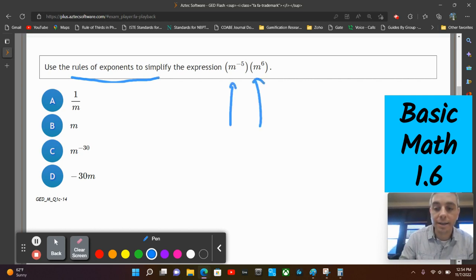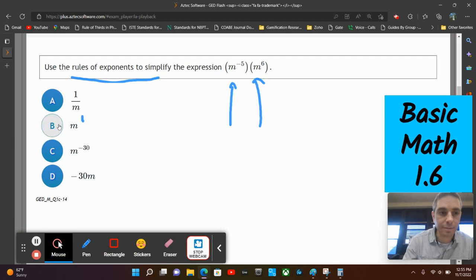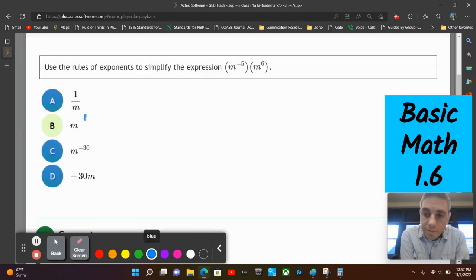If we're multiplying with the same base, then you add the exponents together. So negative 5 plus 6 is 1. And m, just plain old m, is also m to the 1st power. So that is B.